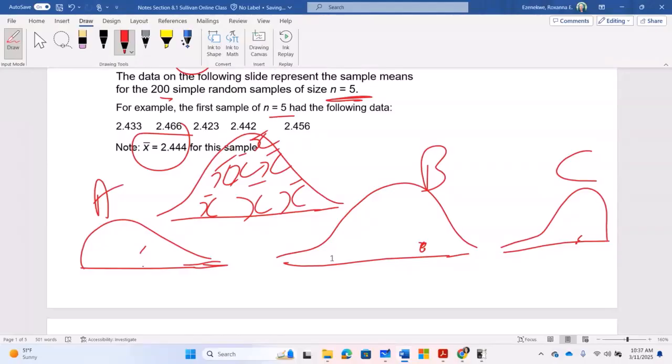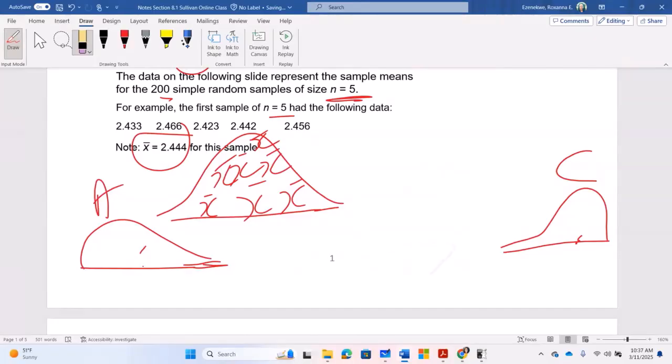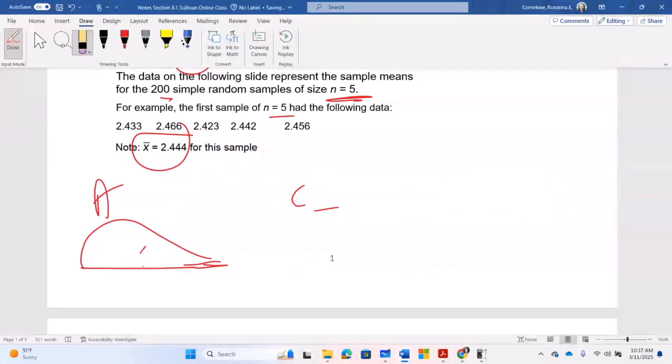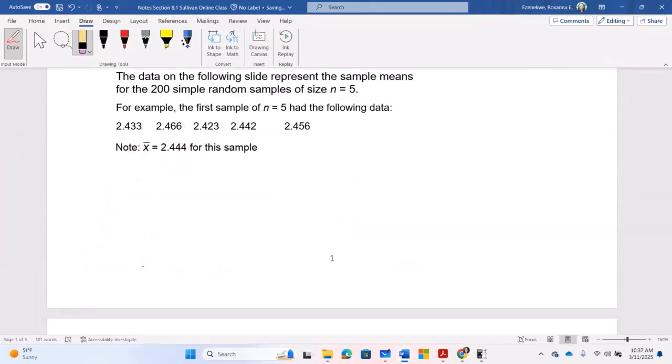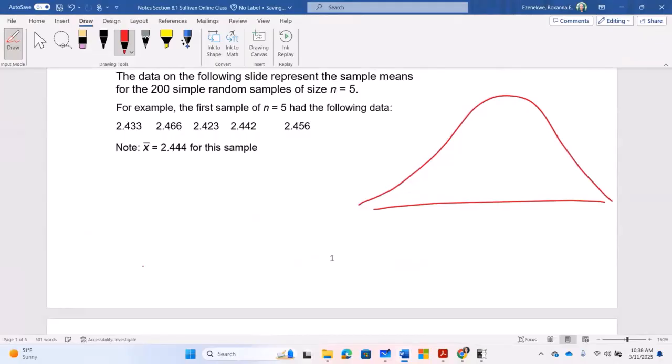Let me clean up a little bit of this so that I can demonstrate what I was trying to say here. All right. So now the density curve of a central limit theorem must be normally distributed.